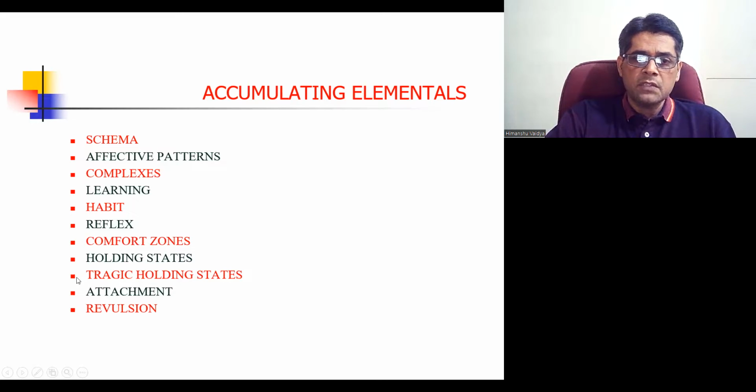In most pathologies, we find this tragic holding state. These are states which are tragic because they have anxiety, anger, pain, some negative affect. So this is a state where a negative affect is active. The person is not feeling happy at all. However, in that state, the person has lived for so long that he knows at least in that state he will survive.